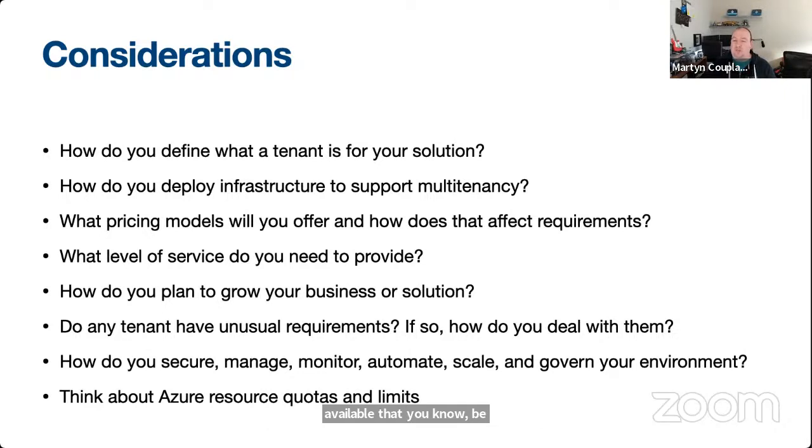What pricing models are you going to offer, and how does that affect requirements? So, big thing with this is, a lot of companies don't actually do this until they've already got something in service, which is the wrong way to do it. Your pricing model needs to reflect what you expect that customer or that tenant to consume from a service or a compute perspective.